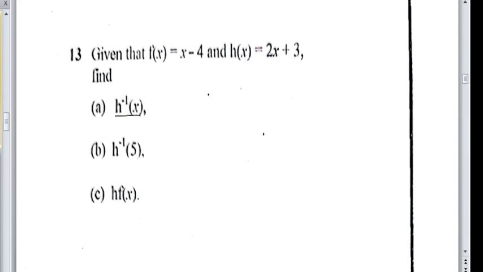Firstly, we know that our h of x is that. The first step you do is that you say, well, in place of h of x, put y. Say y is equal to 2x plus 3. The second step is you interchange or you swap y with x.